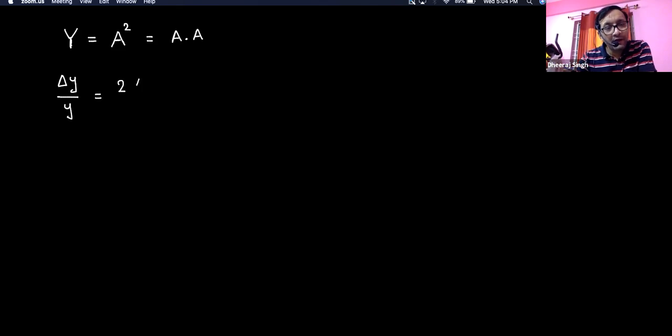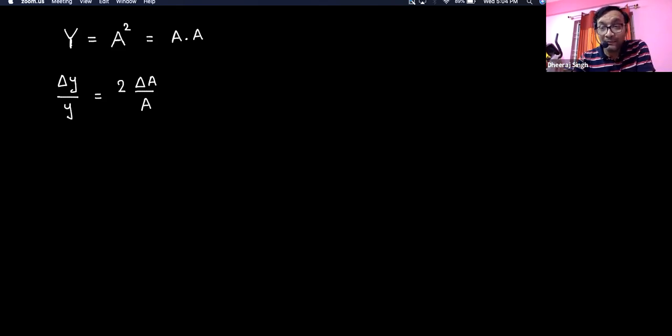How do you write delta y? The hint is you can write a square as a into a. Correct. Delta y by y is equal to 2 times delta a by a.